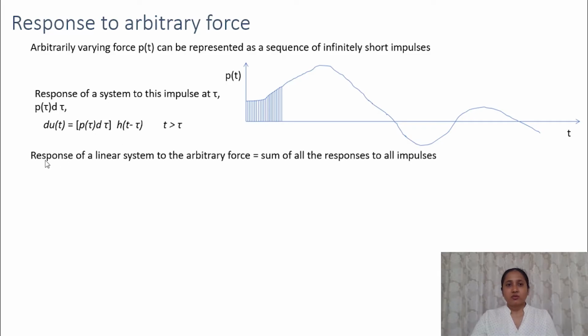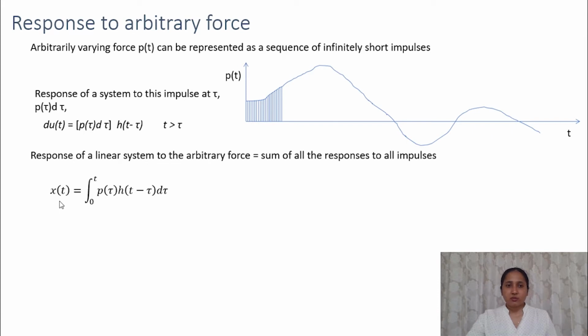So the response of a linear system to any arbitrary force is equal to the sum of the responses of all small impulses. So the response due to this arbitrary force can be calculated by integrating this expression over time.